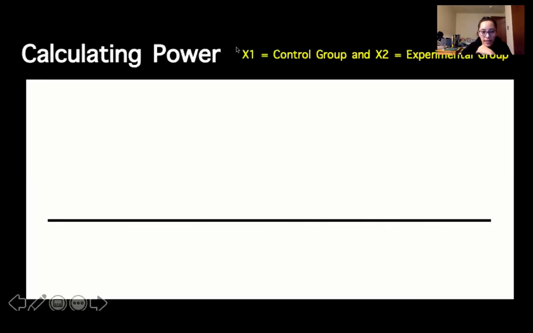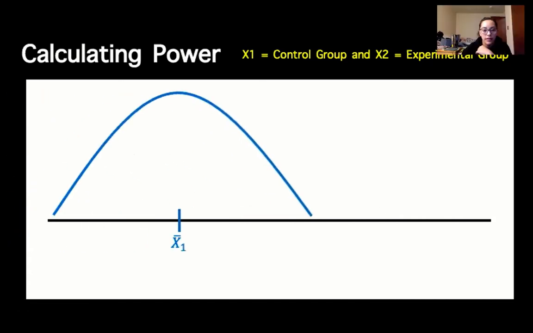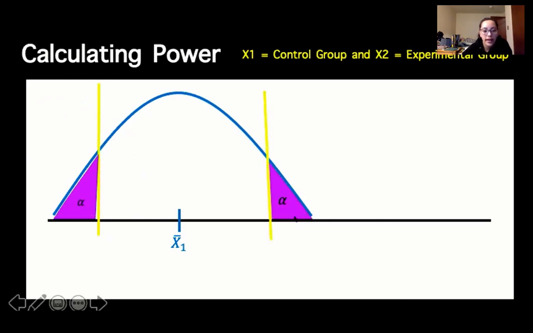But if we're calculating it, we can look at the means of our control group and experimental group. So I'm saying X1 is my control group, X2 is the sample of my experimental group. And let's say X1 is our ideal. This is what the population should look like. So within this sample, we've got some level of confidence that has alpha and 2 tails.